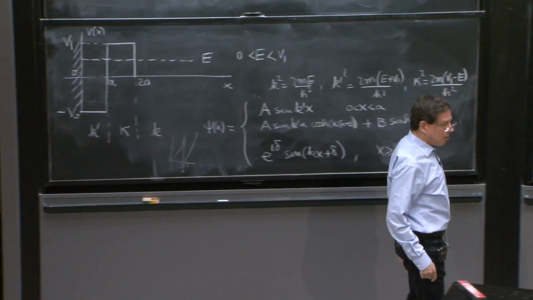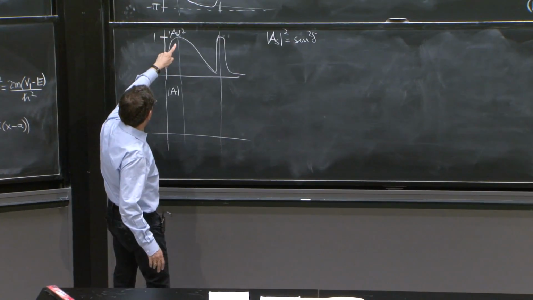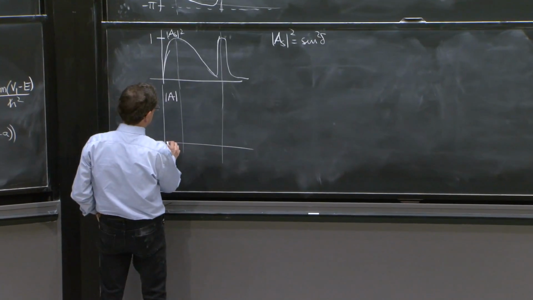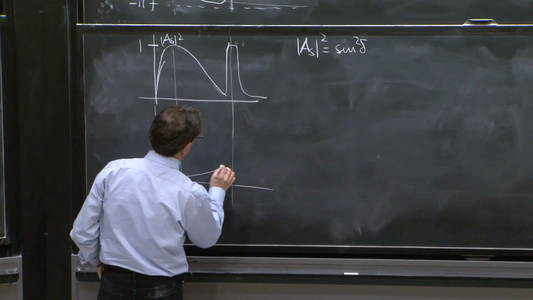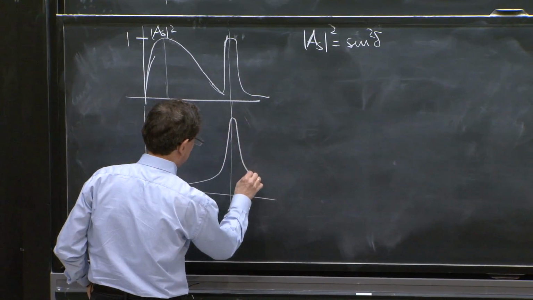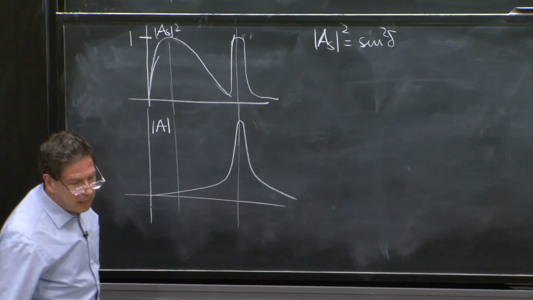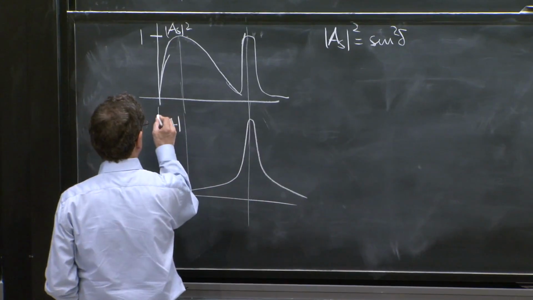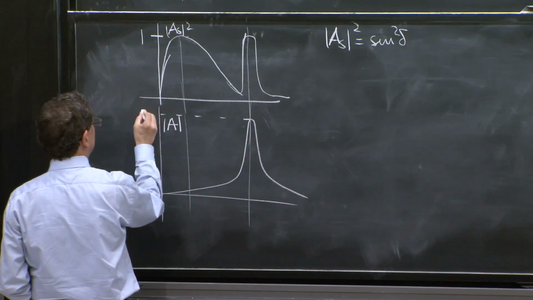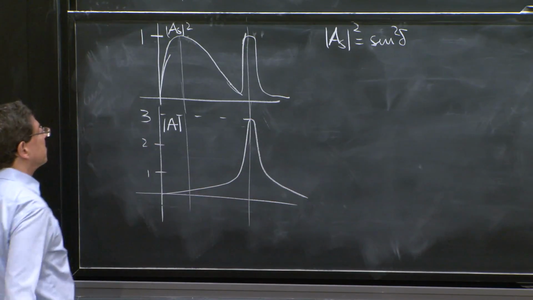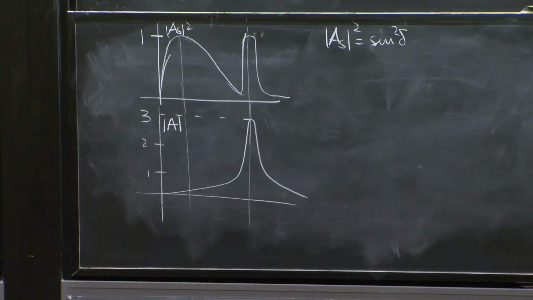And indeed, this confirms that nothing very special is happening here. What happens now is some sort of behavior like this, and a big jump here, in which the amplitude apparently, I have not quite confirmed this number, is at least the value 3. But very large and sharp.